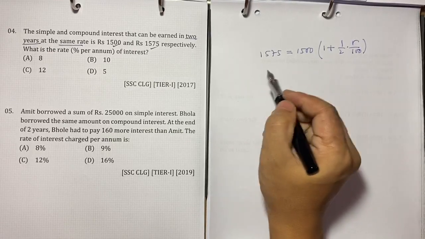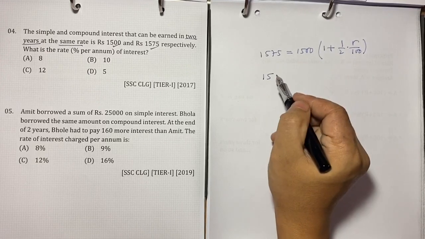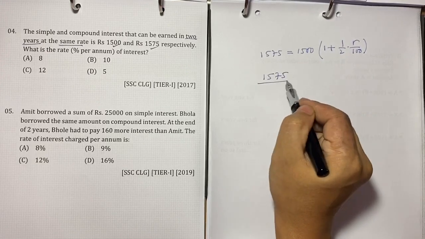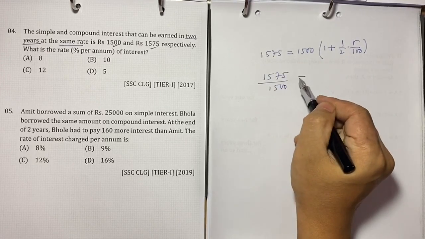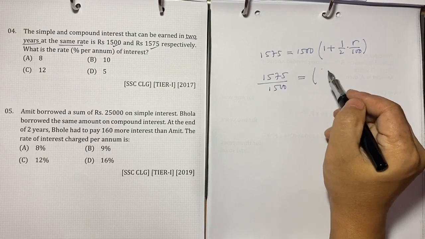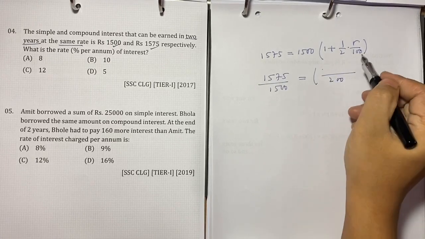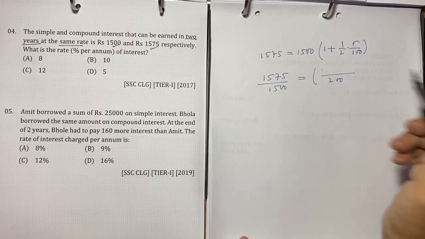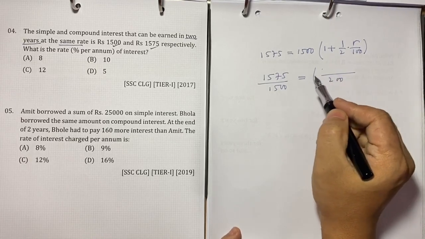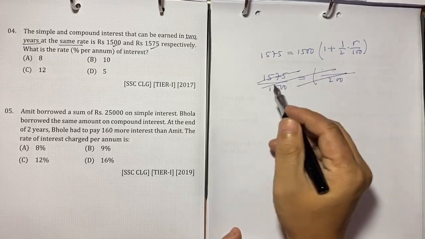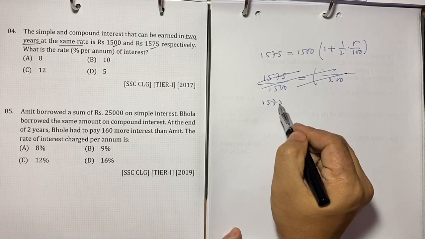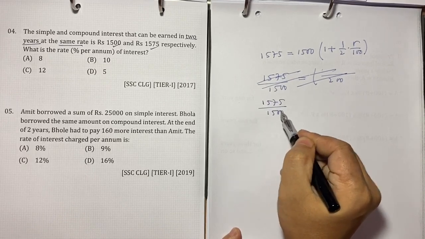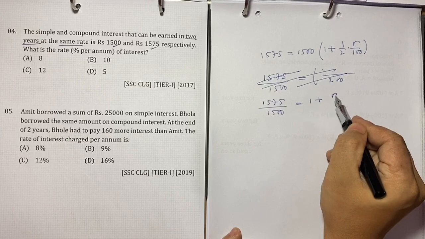So 1575 divided by 1500 equals 1 plus R divided by 200.